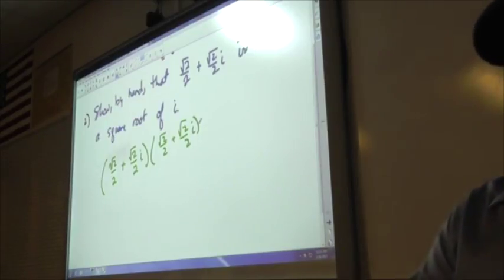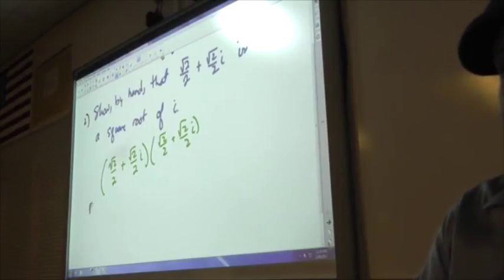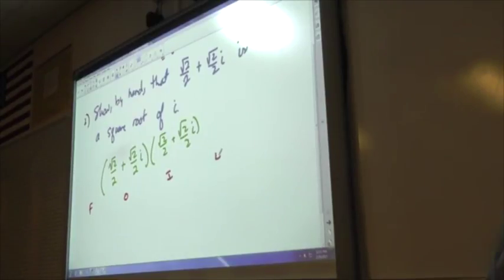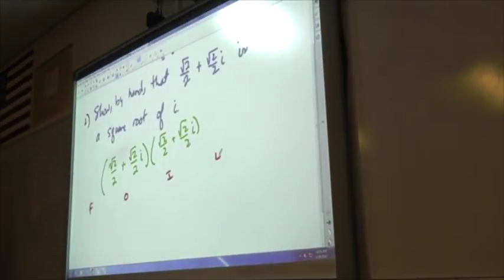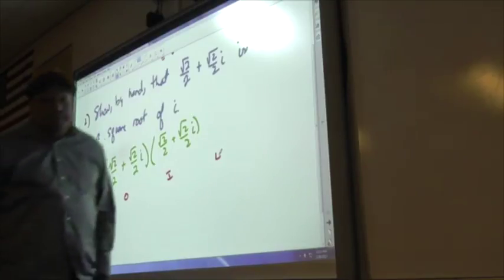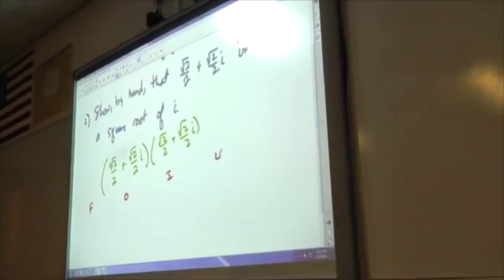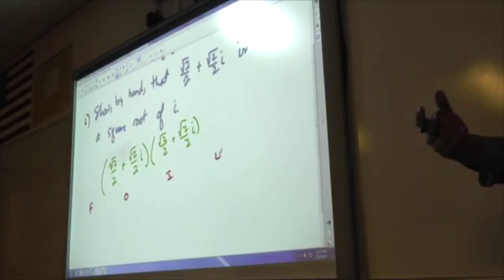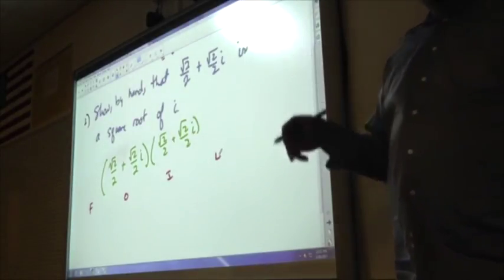FOIL is the trick: F-O-I-L. Now remember what square root of 2 times square root of 2 is equal to? It's 2.